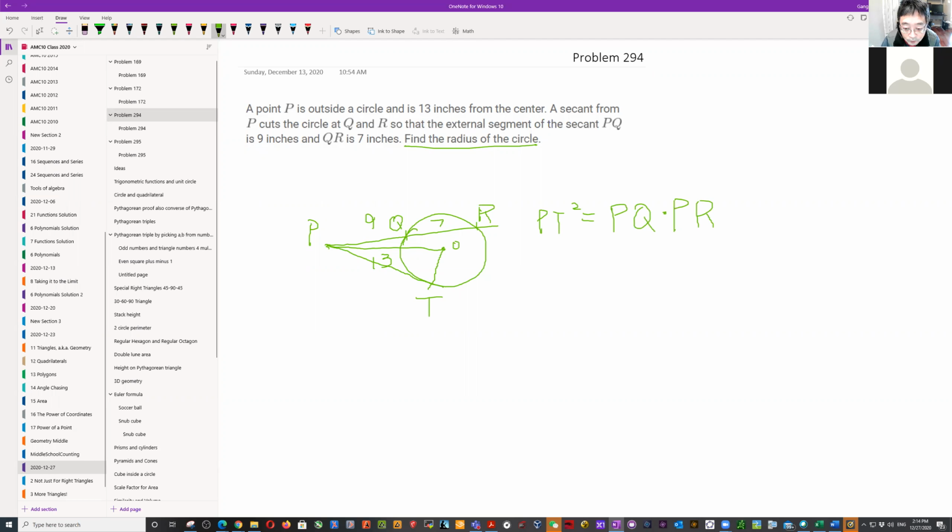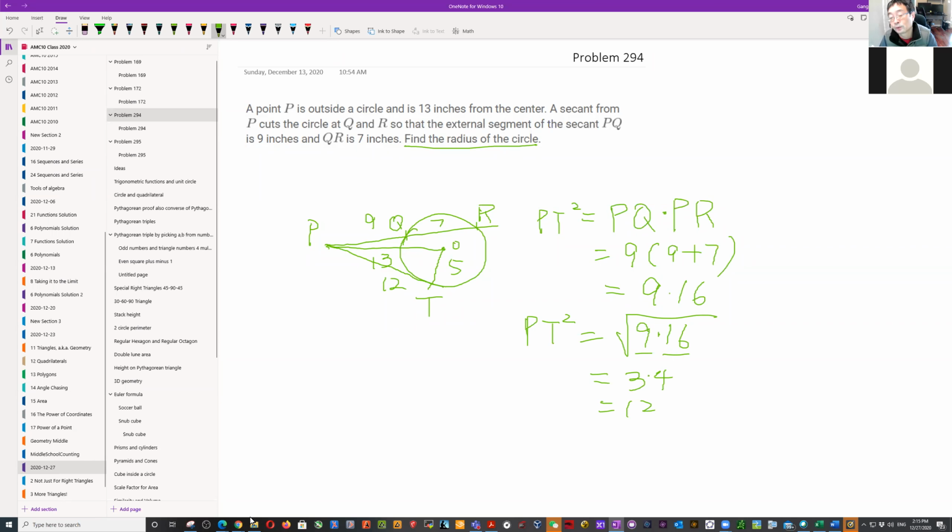PQ is equal to 9, and PR is 9 plus 7, that's 16. So PT squared is 9 multiply 16, so PT is 3 multiply 4 equals 12. So this side is 13 and the tangent equals 12, so the radius is just 5 by the Pythagorean theorem.